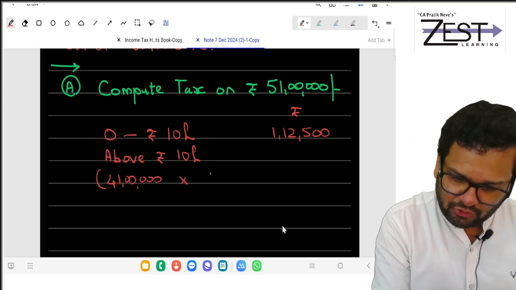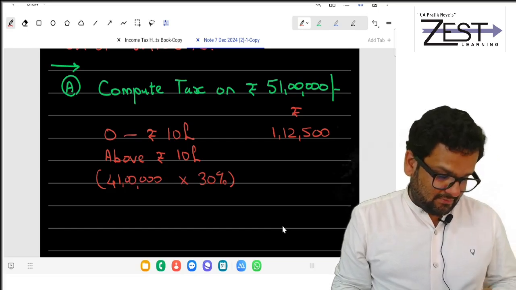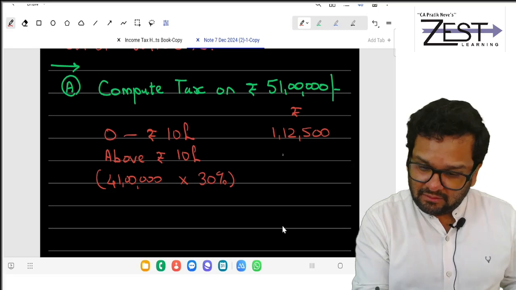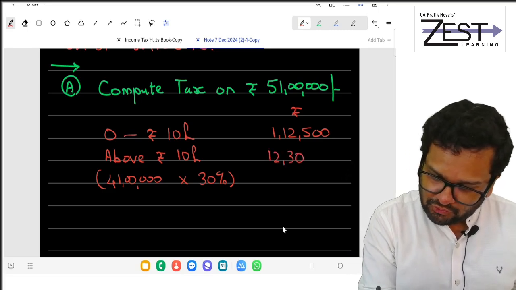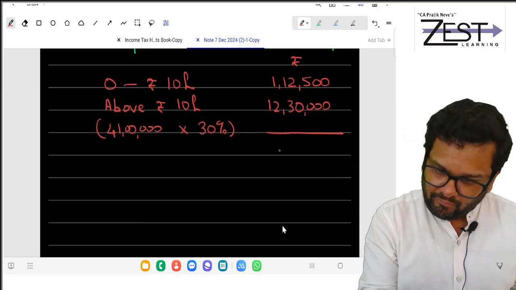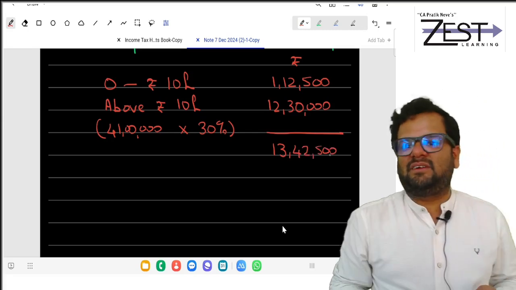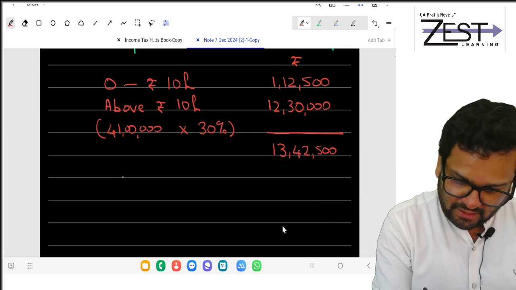Can you calculate on 41 lakhs at 30%? 12 lakh 30,000. Can you take the total? 13,42,500. So far so good.